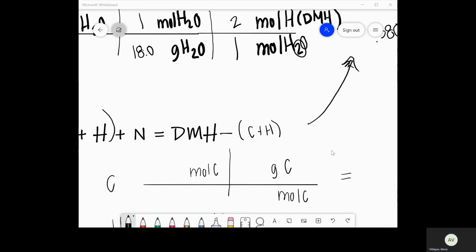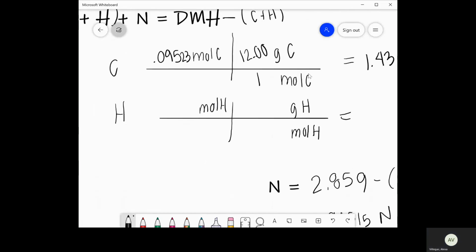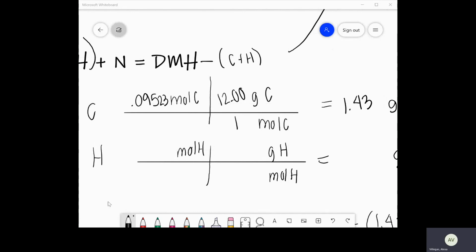So I know that I have 0.09523. And I know that in 1 mole of carbon, I have 12 grams of carbon. And multiplying that across, that is going to give me 0.43 grams of carbon. And we're going to do the same thing for hydrogen.